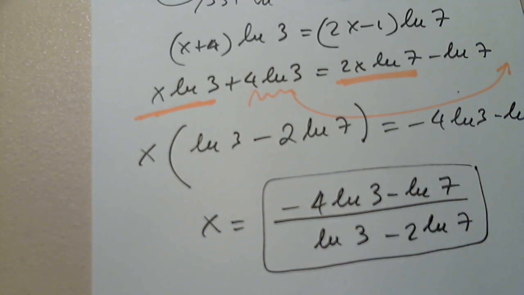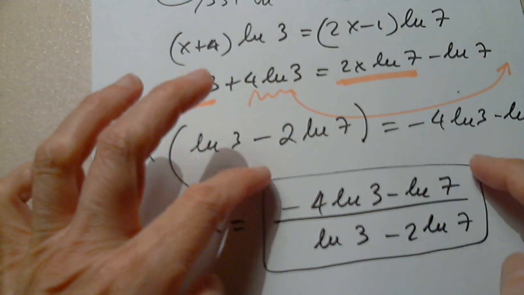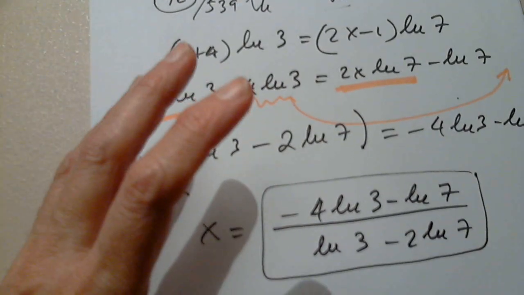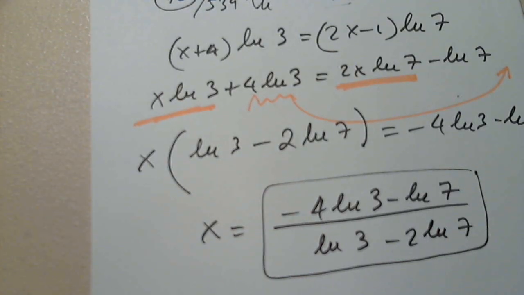Now, the question is, is this correct? I don't know. So what I'm going to do is, if you have time, you should always do that. Or make an asterisk and say, I'm going to come back when I finish my test and verify. So you don't waste your time finishing the test and then coming back to verify.